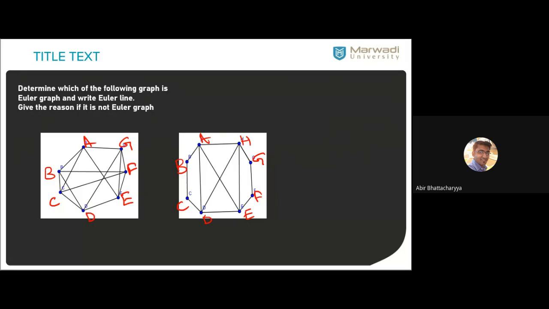Last day we told you what is walk, path, and circuit. Remember? What is a walk? What is a closed walk? Circuit is a closed walk. Yes, circuit is a closed walk.